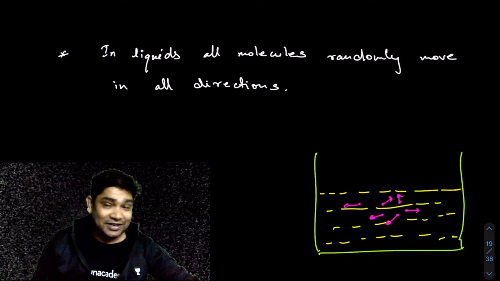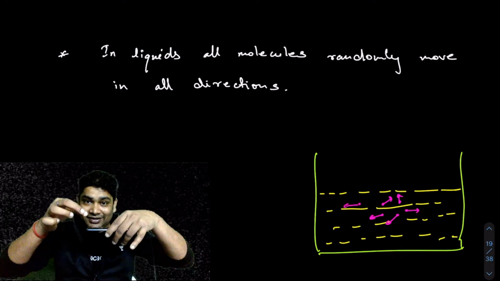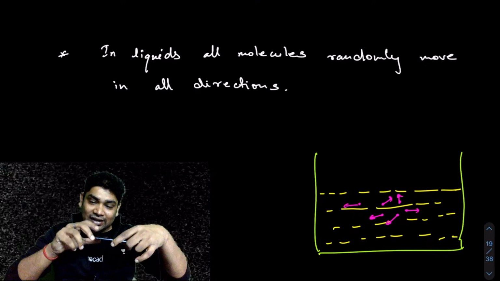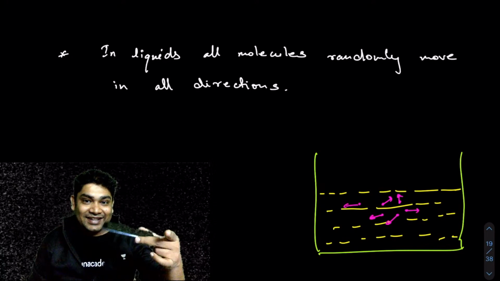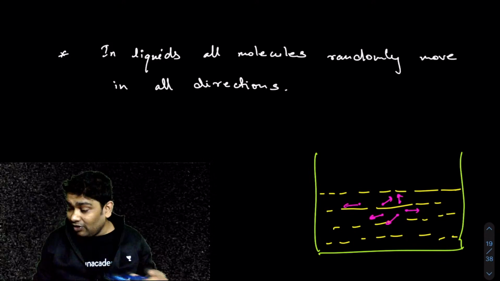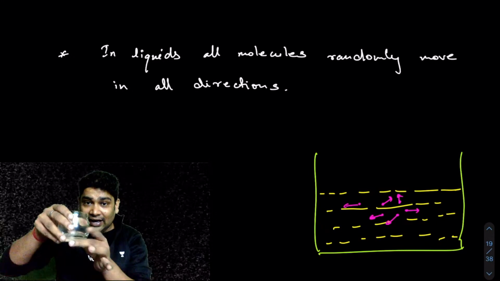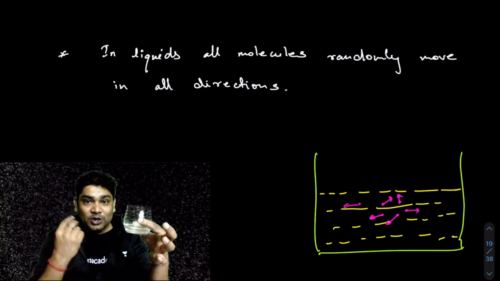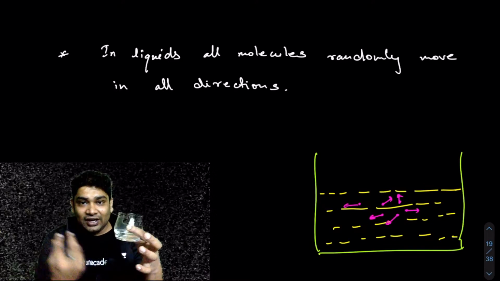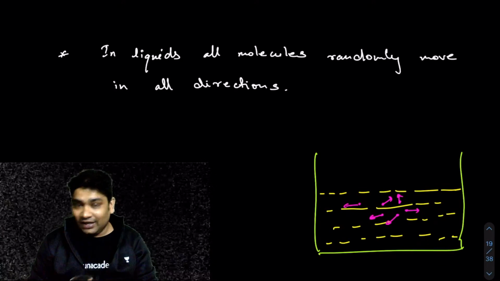Imagine if I dropped a color here, you realize that color would have just stayed here. That color would not have spread all across in the solid, right? However, if I take a liquid and I put a drop of color at one point, you realize after a bit it will actually spread throughout the liquid, right?